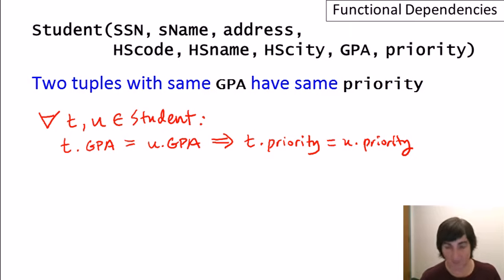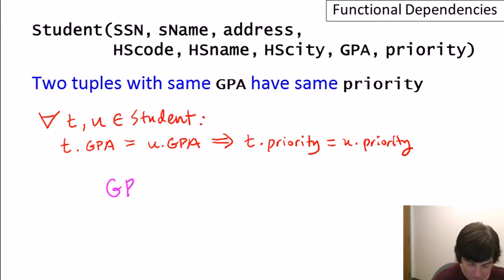So this logical statement is in fact the definition of a functional dependency, and we would write that functional dependency as GPA arrow priority.